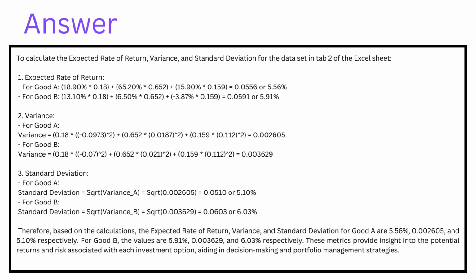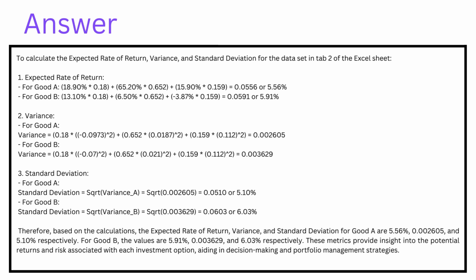Number 2, variance for Good A. Variance equals 0.18 times minus 0.0973 squared, plus 0.652 times 0.0187 squared, plus 0.159 times 0.112 squared, equals 0.002605.